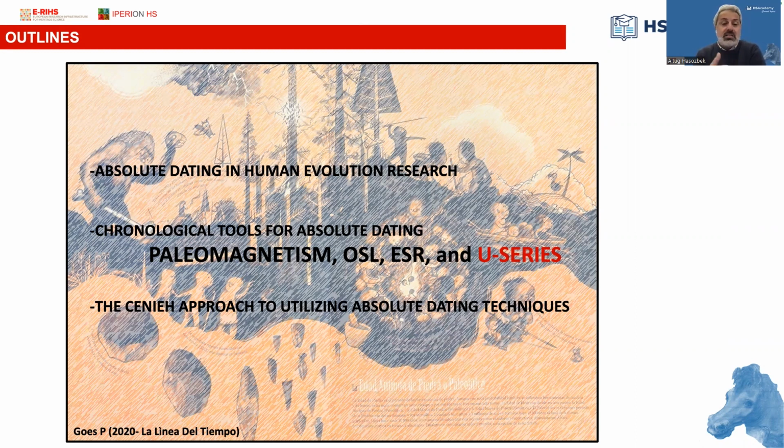These three techniques are not especially my area, but I'll try to transfer the message from the researchers from the CENIEH by using their slides. But I will focus more on uranium series dating used in human evolution science. Then I'll try to conclude with the CENIEH approach to utilizing absolute dating techniques and some future aspects.